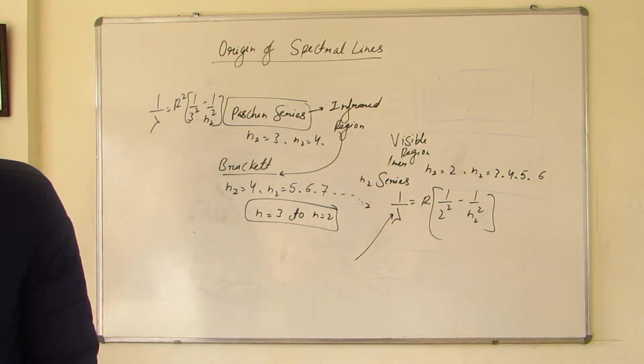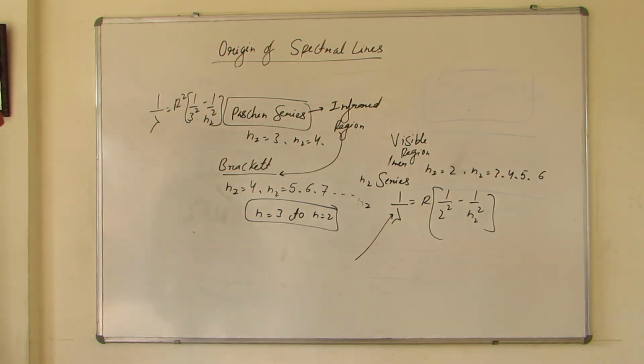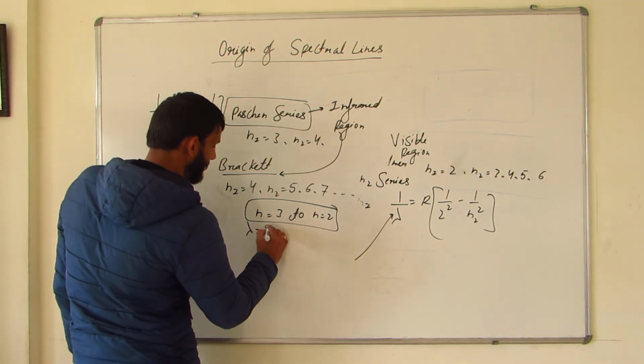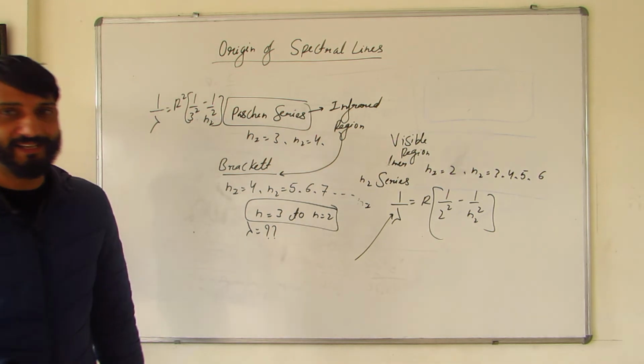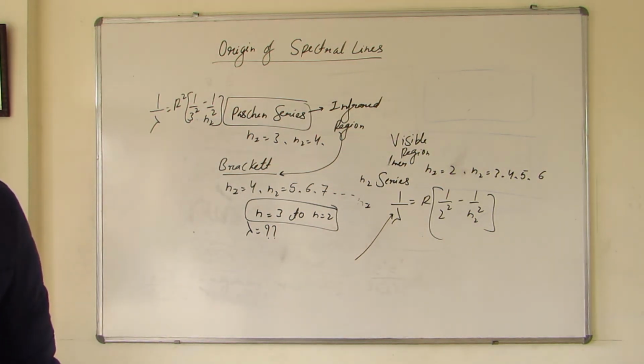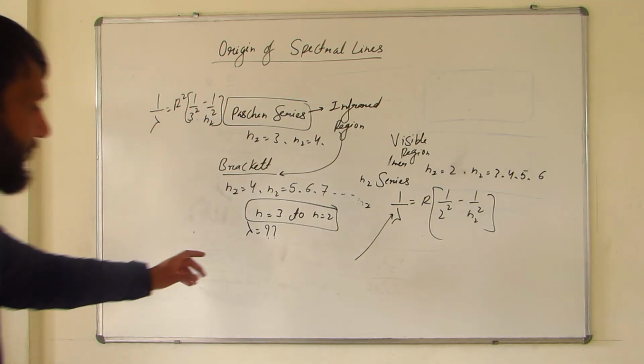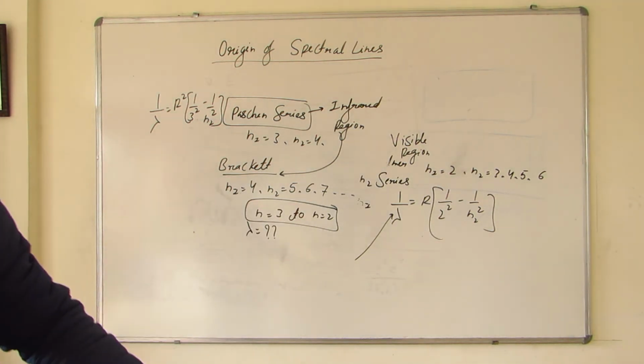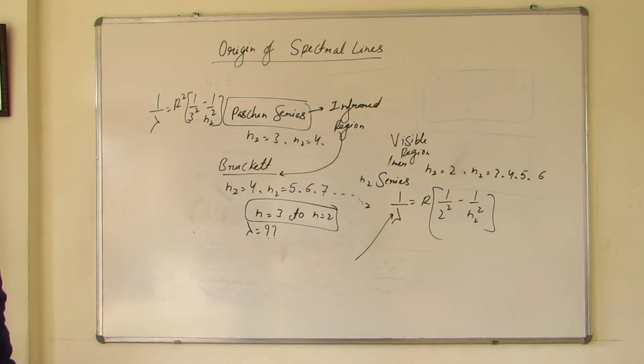So first of all, you have to find out the wavelength. Then you have to tell to which part of the spectral series this particular wavelength will belong, and also whether it will be visible or not, right?